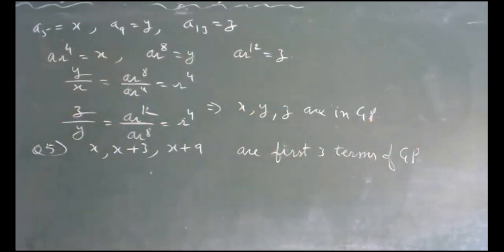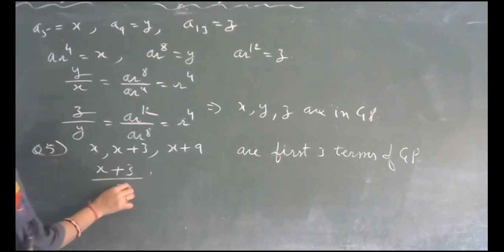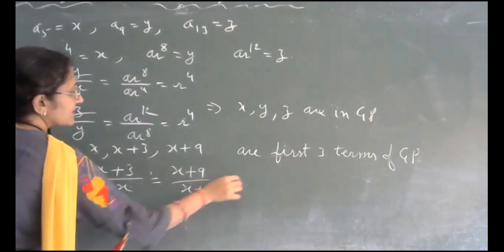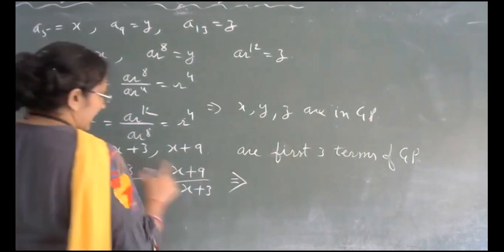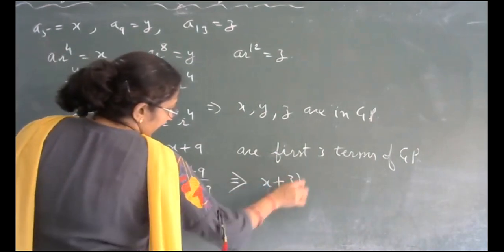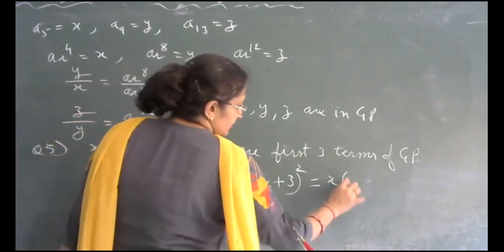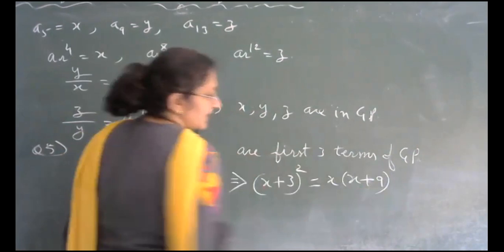You have to find the value of X. So what will be there? X plus 3 over X will be equal to X plus 9 over X plus 3, or directly you can write square of the middle term, that is X plus 3 whole square, is equal to the product of first and third, X into X plus 9.